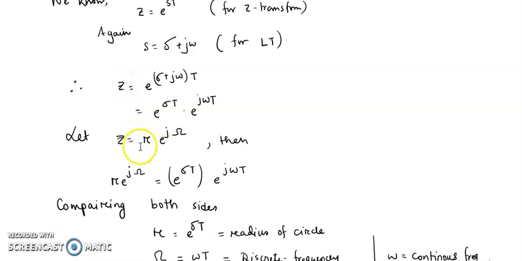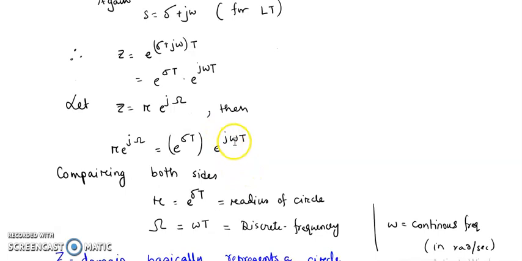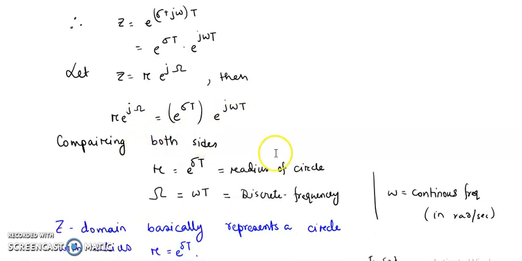If you put it here, you can compare. This results in r equal to e to the power sigma T, and omega equal to omega T. This omega is your angular frequency, equal to 2 pi by T, and this omega is the discrete frequency. So they have a relation like this: omega equals omega T.